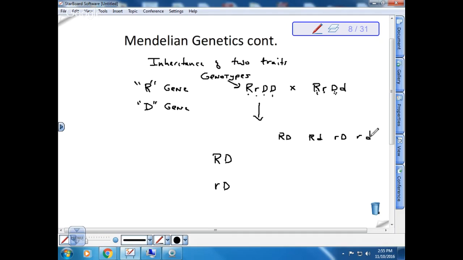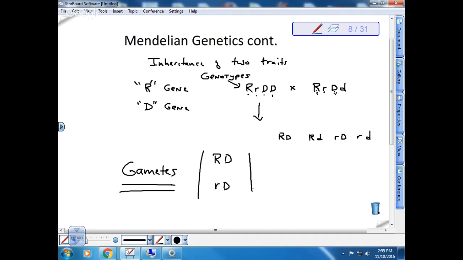So big R could end up with big D. Big R could end up with little d. Little r could end up with big D, and little r could end up with little d. Okay, so these are gametes, right? They have only one copy of each gene, okay?